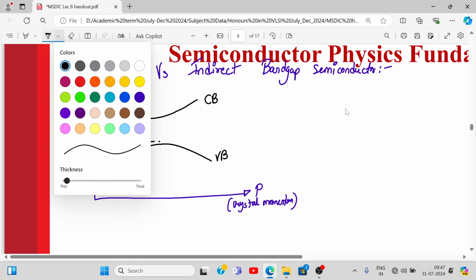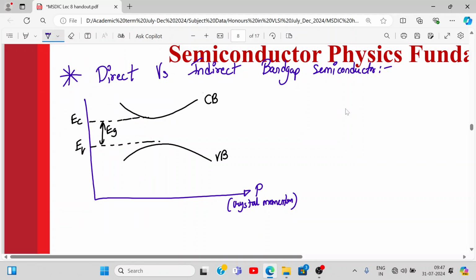So if a recombination is about to happen, can it happen directly over here without the loss of momentum? You know what is a momentum, right? Take a cycle traveling at, let's say, 20 kilometer per hour. If it hits you, you will fall down, but no severe injury will happen.